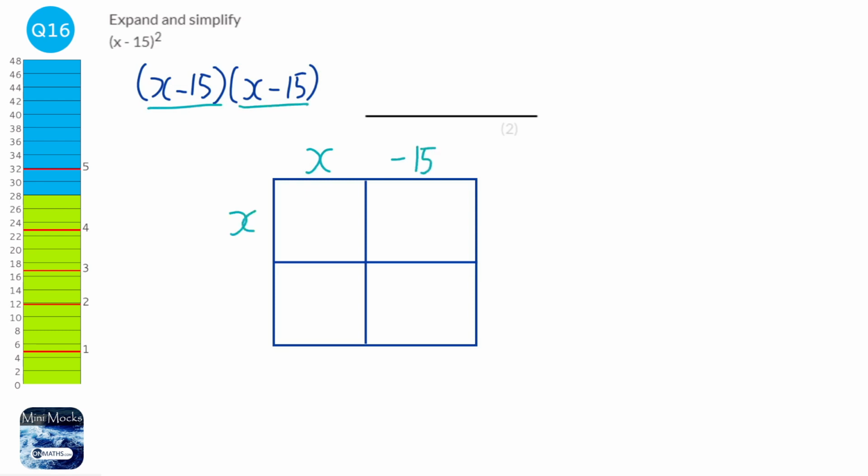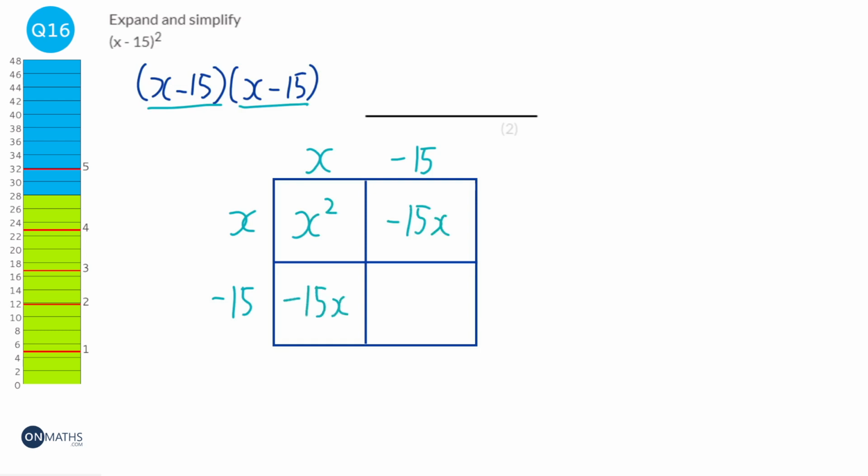x minus 15 at the bottom, then we're going to do x times x, which is x squared, x times minus 15, which is minus 15x, same again here, and then we've got a minus times a minus, which is a positive 225.